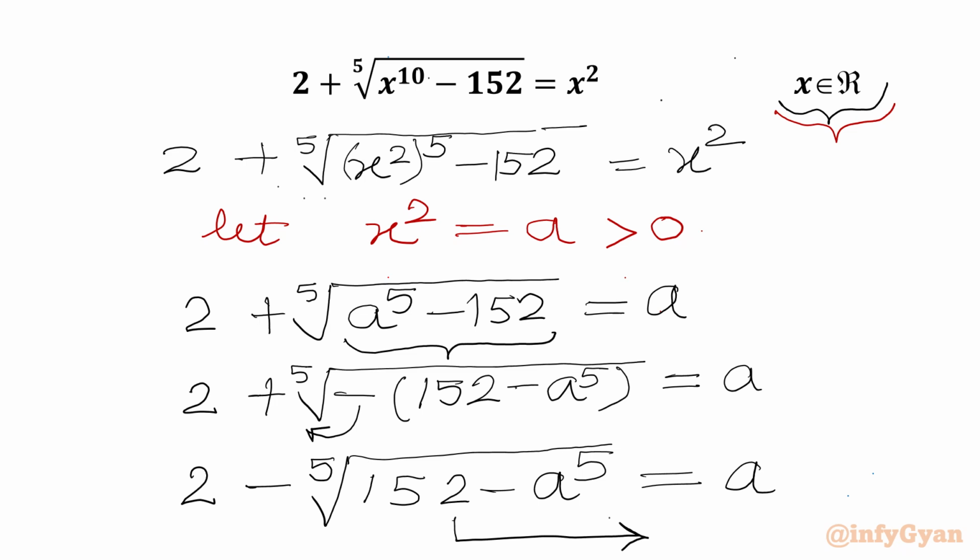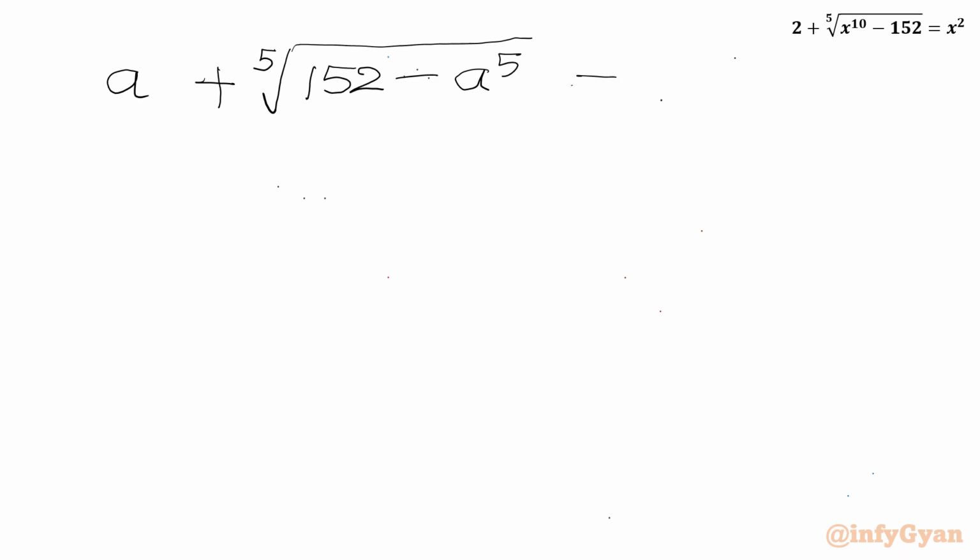Now we can take this term to the RHS. So we will write our equation: a plus fifth root of 152 minus a power 5 equal to 2. Now we will consider our substitution.